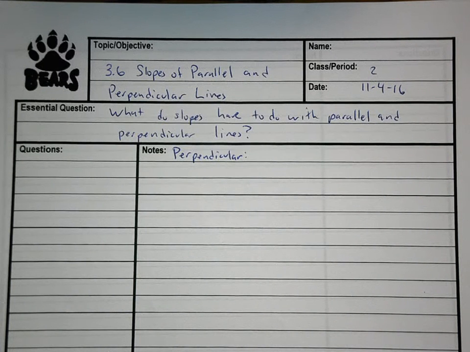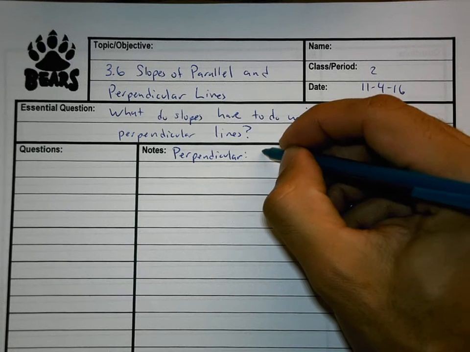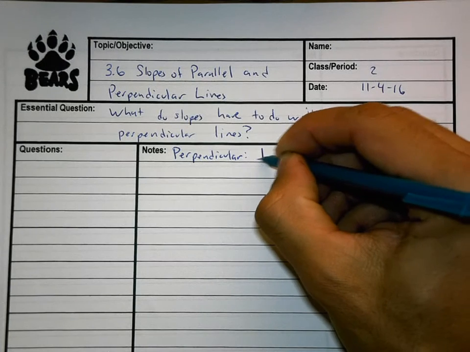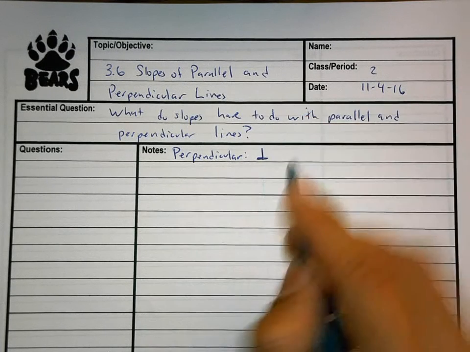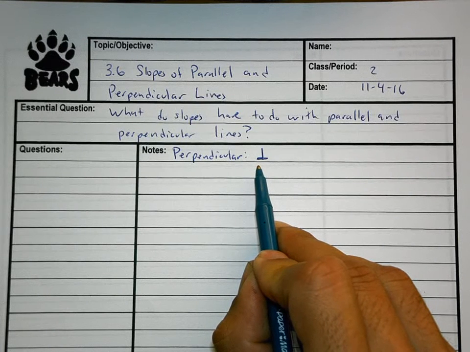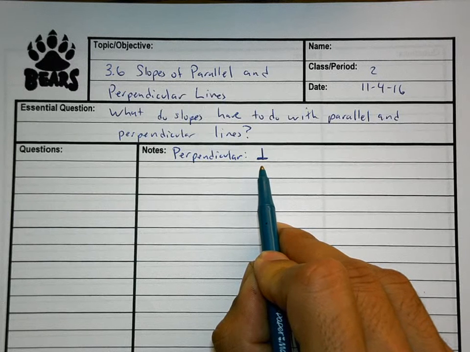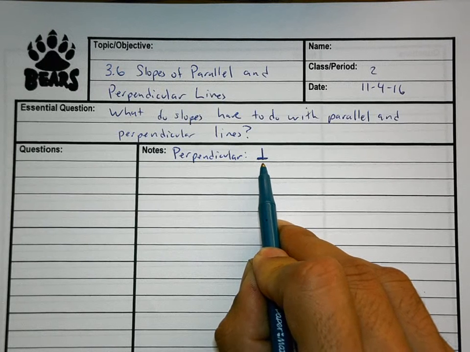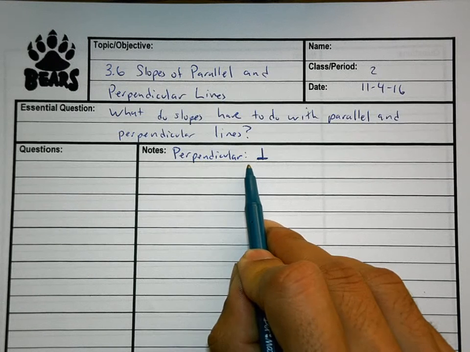The word perpendicular means, well, let me show you the symbol for perpendicular because I will use it often today. It's an upside down T. If you are taking geometry, or when you get to Math 2, this is the symbol that they use for perpendicular.